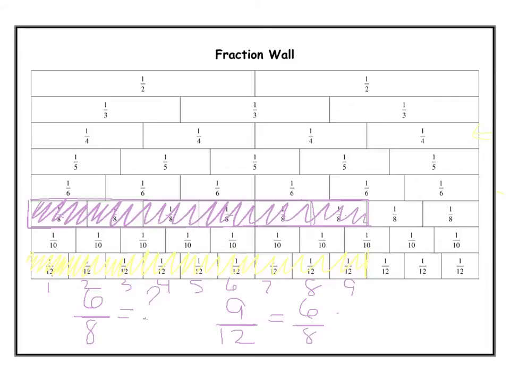You might have come up with something a little different. You might have said that 9 twelfths or 6 eighths is equal to 3/4. And that would have been correct as well.